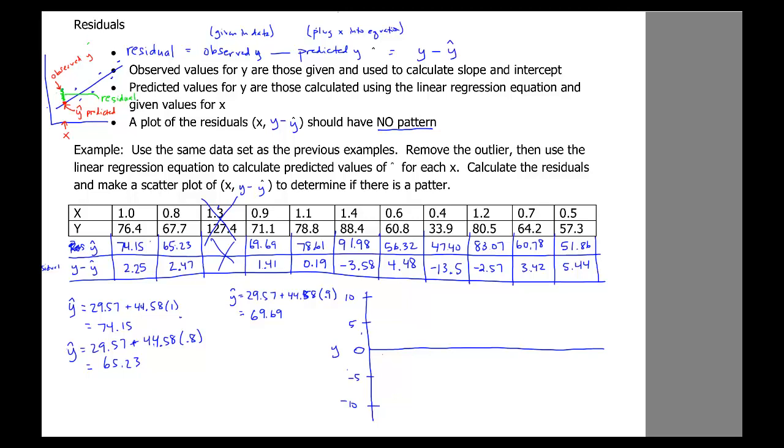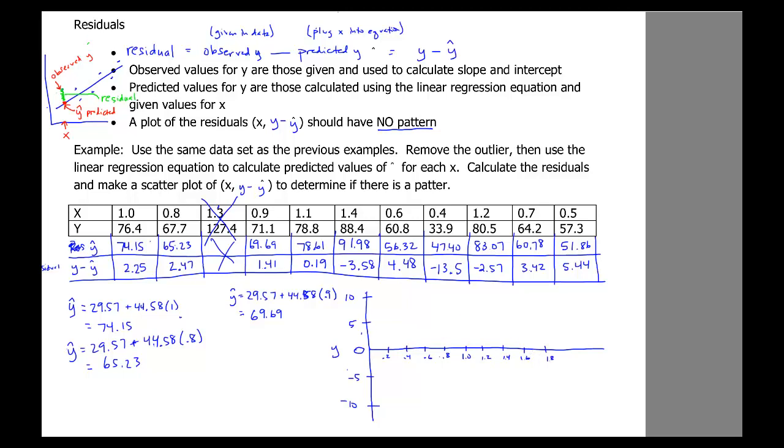And then our x-axis, our smallest x is 0.4. So something like this might work. We'll just go by 0.2. So 0.2, 0.4, 0.6, 0.8. Okay, so that should be good enough to show you how this works.